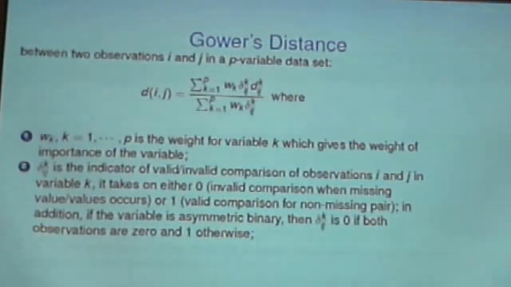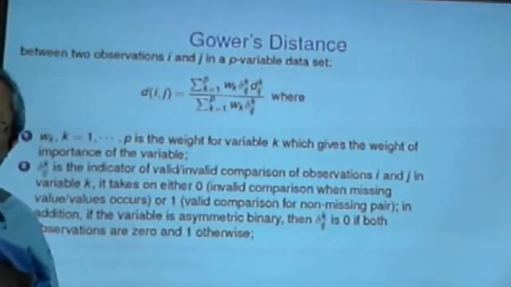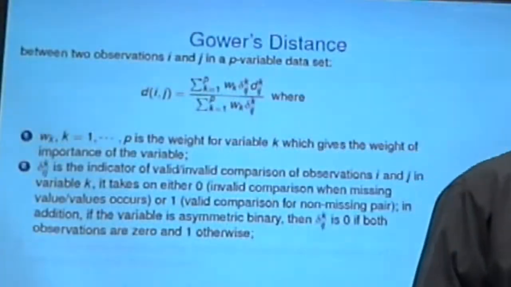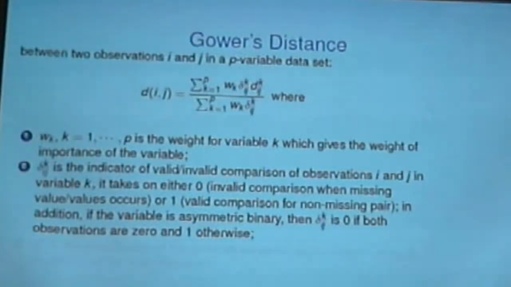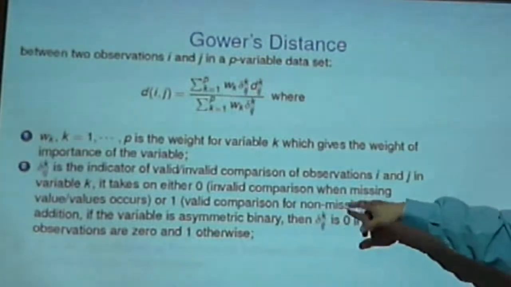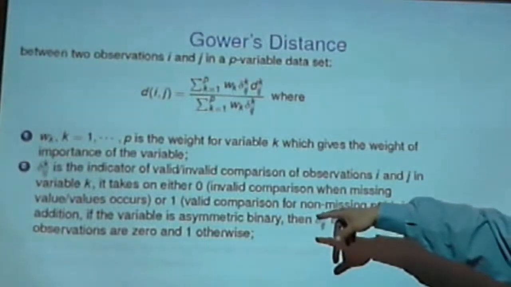If the variable is an asymmetric binary, that's why I didn't mention that first, then delta_ijk will be set to 0 if both observations are 0, and 1 otherwise. Usually both being 0 means the absence of such a value, which probably doesn't play any important role, so we just set that as 0. Other than that, delta_ijk has a value of 0 or 1.